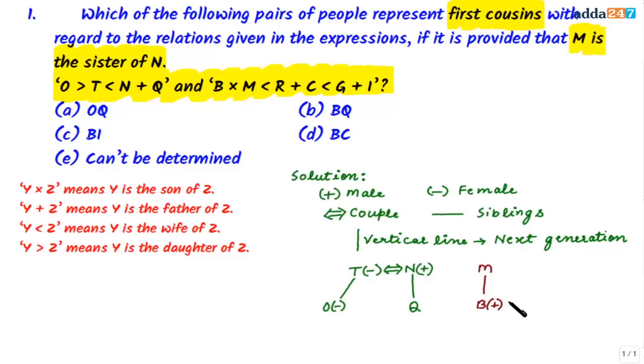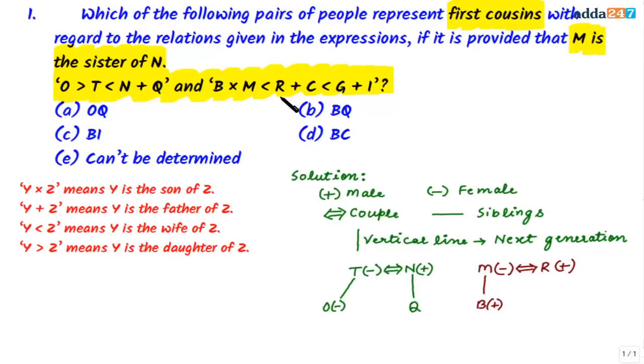Then we have M is less than R. That means M is the wife of R from this information. So if M is the wife, then this becomes negative. And M and R form a couple, and R will be male.